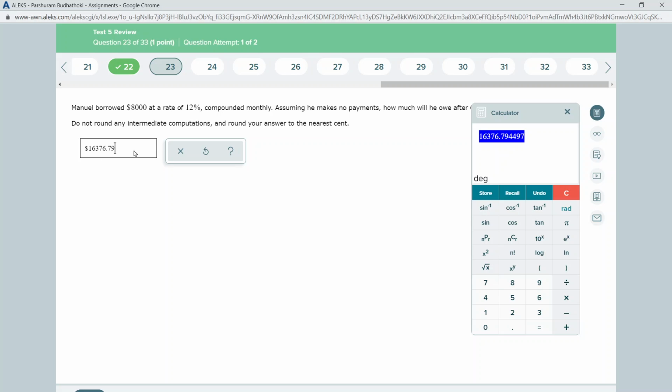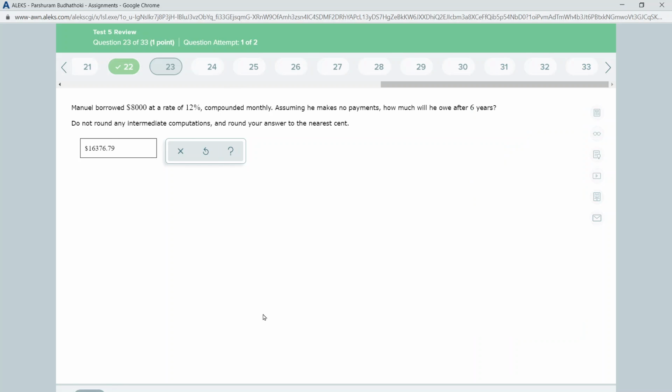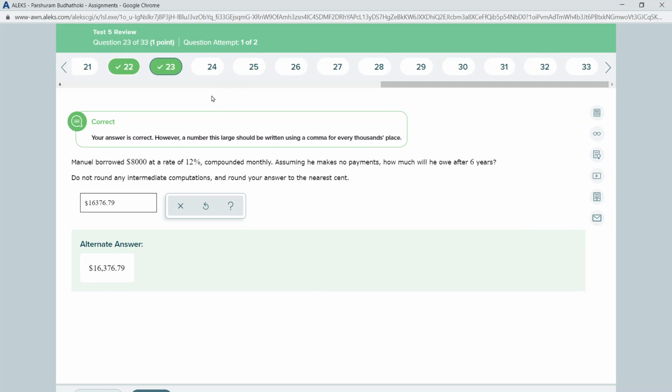That is the amount Manuel has to pay. Okay.